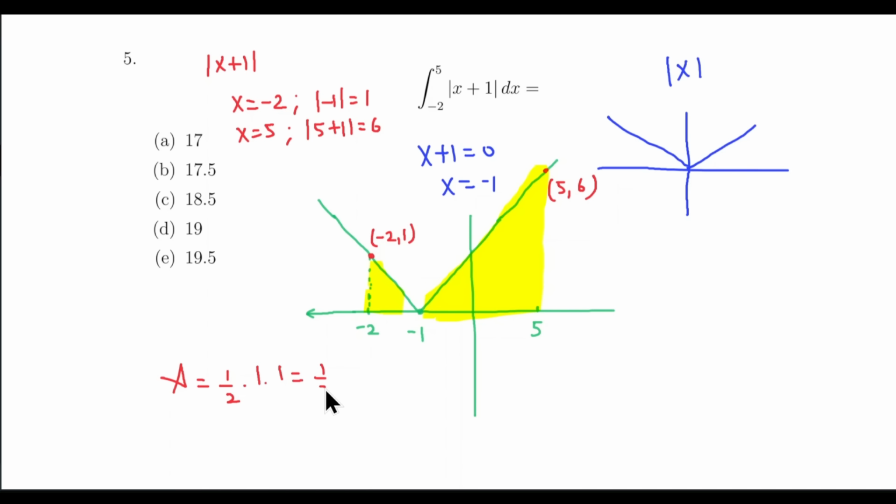So it's just 1/2, A1. And A2 is going to be half base. Be careful, this is 6 units, and height is 6 units as well. So this is, I think, 18, right? Yeah. So the total area is 18 plus, well, half is 0.5, so 18.5. Yeah, makes sense. Should be 18.5, which is option C.